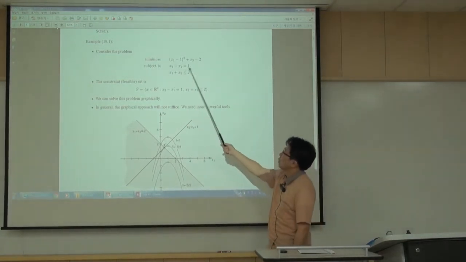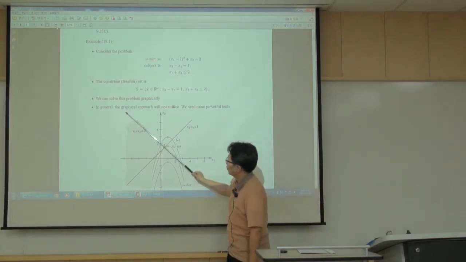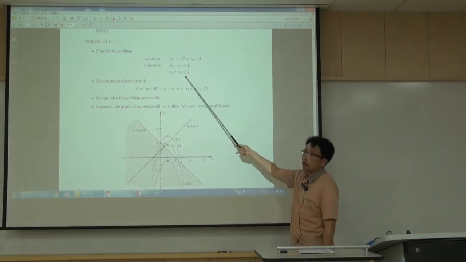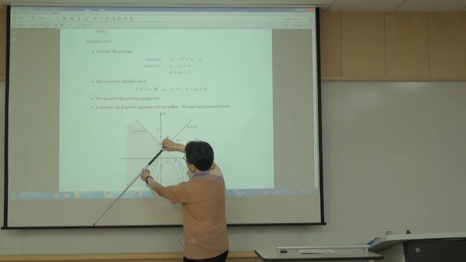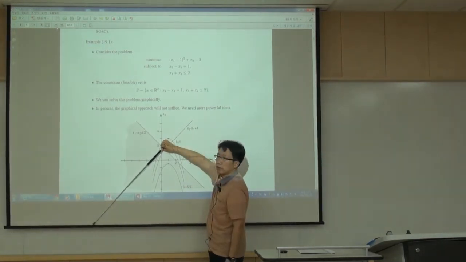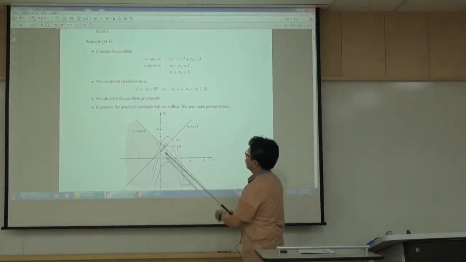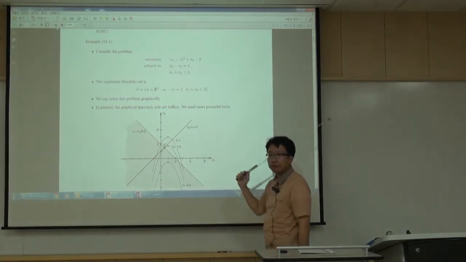And what is this one? This is the half space, so this area. Got it? So the intersection of these two constraints is a simple half line, right? So this is the feasible set. Now, here you want to minimize this one.